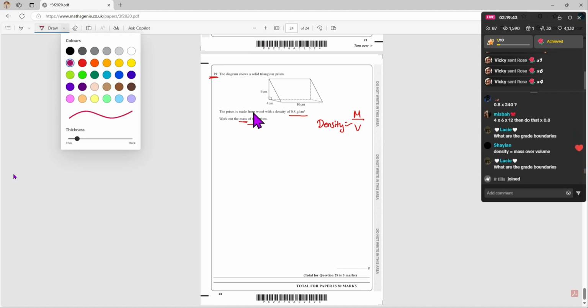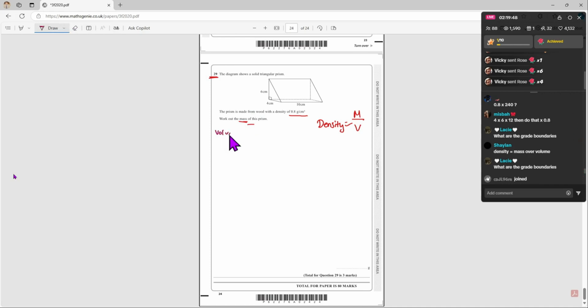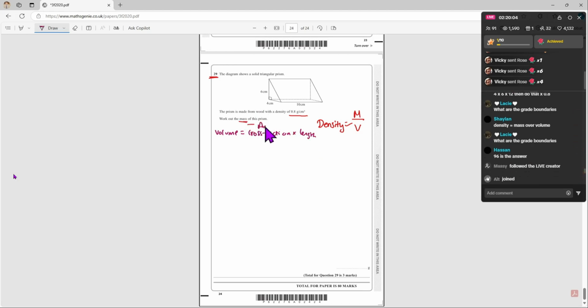To work out the volume of this triangular prism, the formula is the area of the cross section times the length.